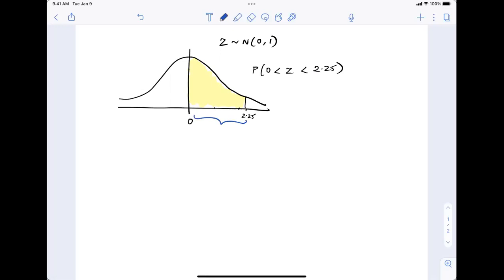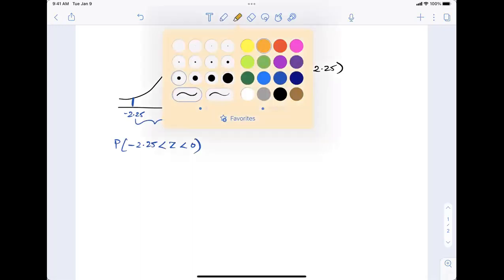So plus 2.25 tells us that we are 2.25 standard deviations above the mean. And therefore, minus 2.25, which is here, should be equidistant from the mean, but on the other side. So we are 2.25 standard deviations below the mean. If I want to find the area of minus 2.25 less than Z less than 0, I'm essentially talking about this particular zone.